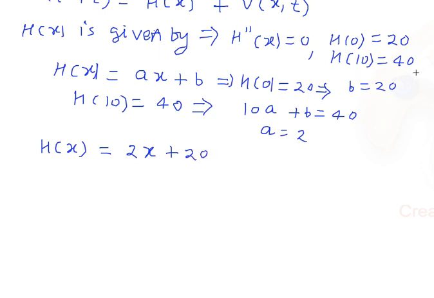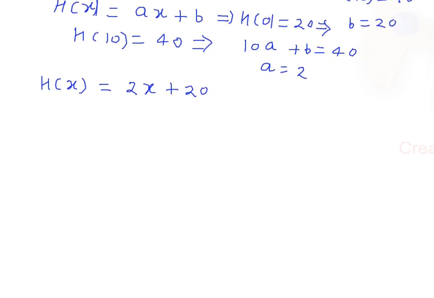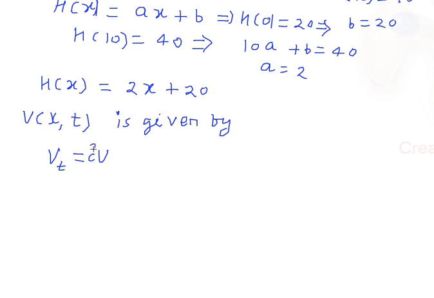Now the transient state solution, given by v(x,t), is the third stage. It is given by v_t equal to c squared v_xx with the conditions v(0,t) equal to 0 and v(10,t) equal to 0.